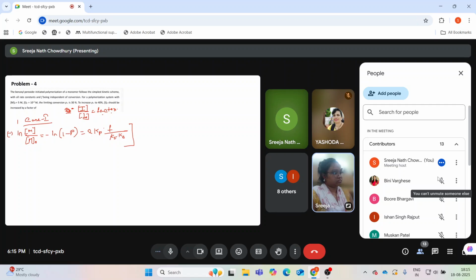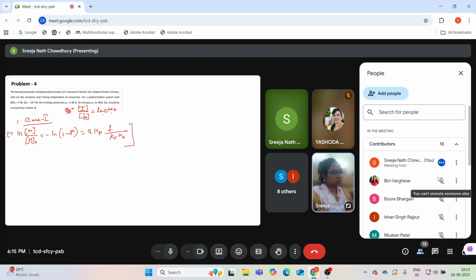That will be minus ln 1 minus p infinity for 0.4, equal to 2 kp (f kt by kd) whole to the power half, I0 whole to the power half.